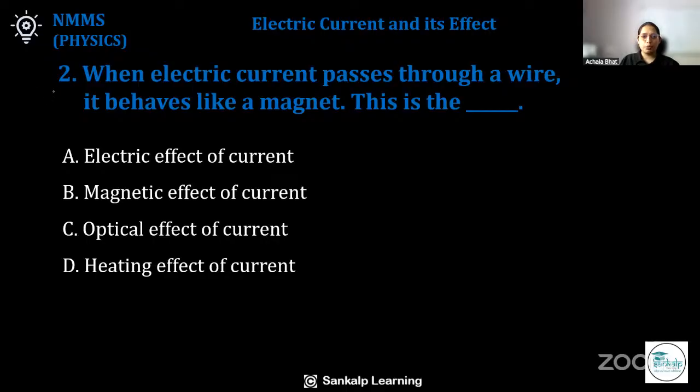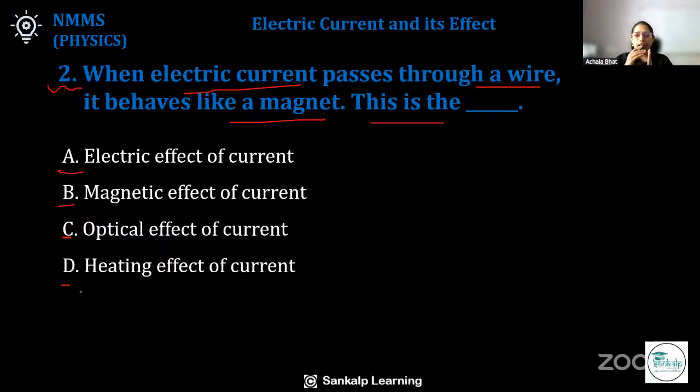Let us see question number 2 of NMMS Physics chapter Electric Current and its Effect. When electric current passes through a wire, it behaves like a magnet. This is the blank. A: Electric effect of current. B: Magnetic effect of current. C: Optical effect of current. D: Heating effect of current.